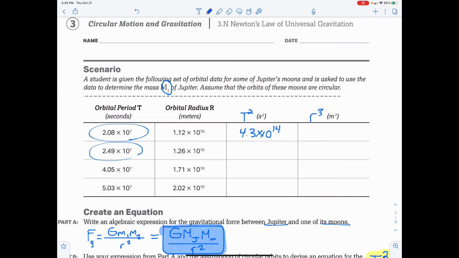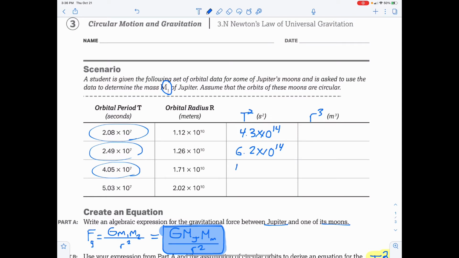If I take 2.49 times 10 to the 7 and I square it, I get 6.2 times 10 to the 14. If I take 4.05 times 10 to the 7, I get 1.64 times 10 to the... I'm actually going to write this a different way.